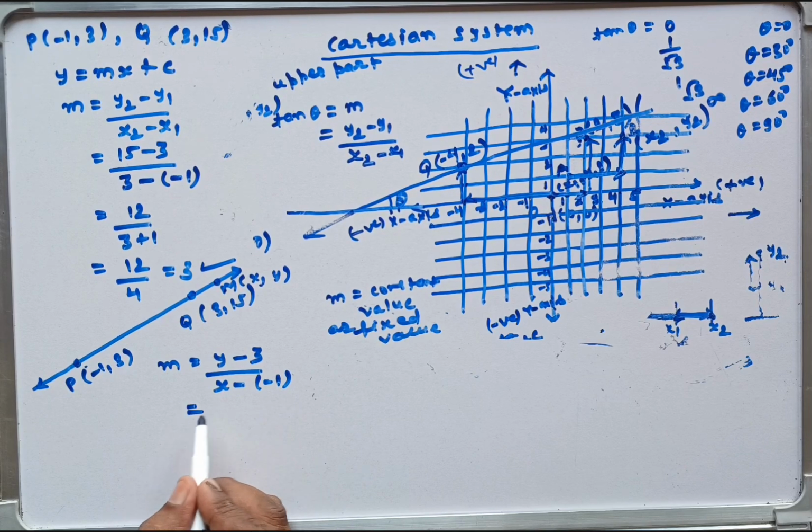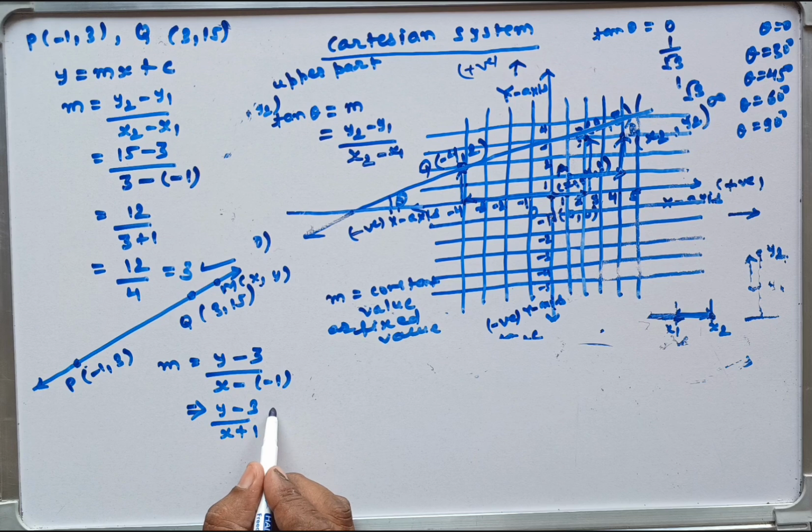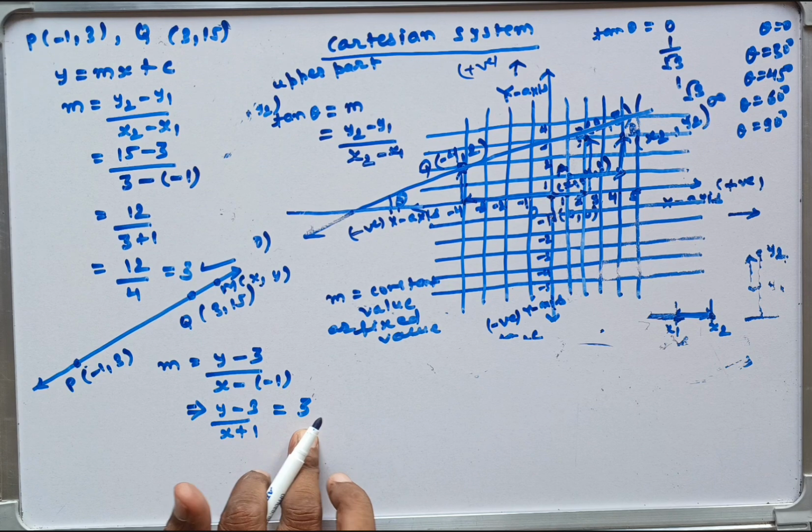So y minus 3 over x plus 1. This gradient must be the same as what we got earlier, which is equal to 3.